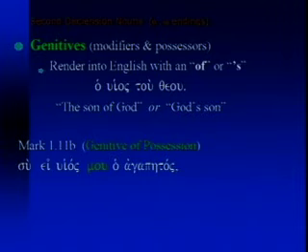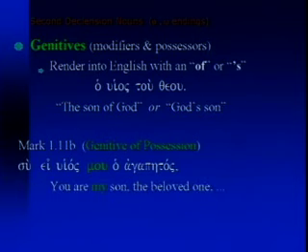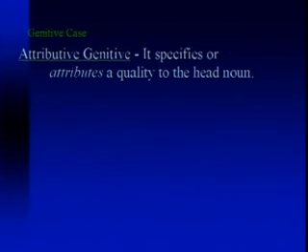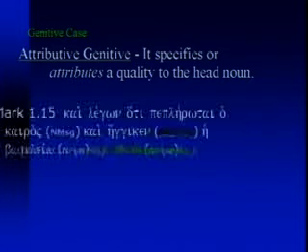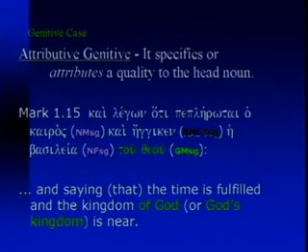That's how the genitive case functions. And in here, as it does in many cases, it functions in a way that shows possession. Okay? We also have what's called the attributive genitive, and I'm going to let you pick this up in future lectures. But just know that the genitive can do more than simply possess the noun that it modifies. It can also attribute a quality to it.